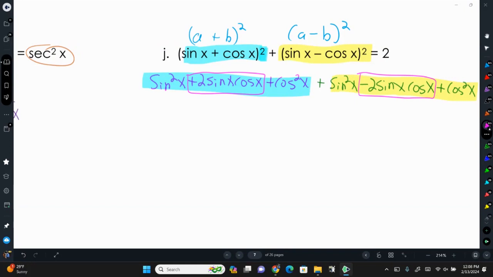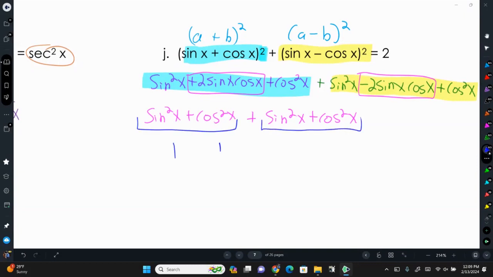Those will cancel. So then we have sine squared x plus cosine squared x, plus, then in yellow, the highlighted yellow part, we have another sine squared x plus cosine squared x. We know that this is equal to 1. This is equal to 1. 1 plus 1 is 2, which is what we were trying to get.